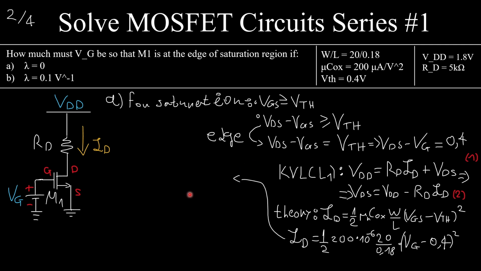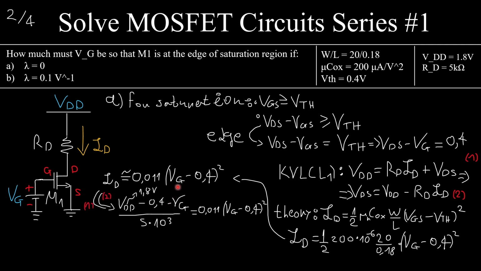With this out of the way, I can do some simple algebra, and I have that ID is equal to something times (VGS minus 0.4) squared, or VG. Now I can go and replace from 1 and 2. You see why?